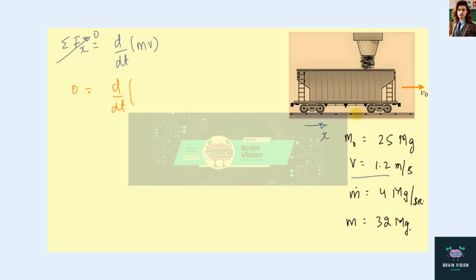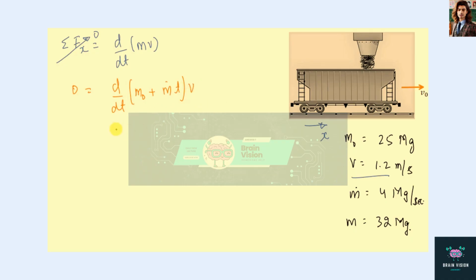Now as the car is moving to the right, the mass of the car is increasing as a function of time. That mass can be written as m naught, the initial or empty mass of the car, plus m dot times t, times v.